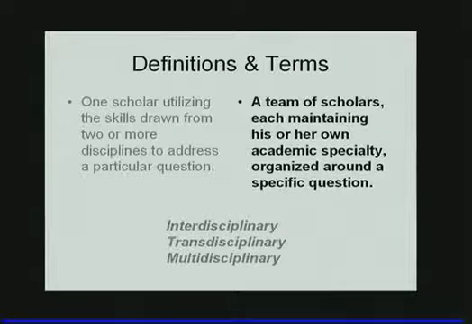So rather than get into too much of a debate over which term is appropriate, do you agree that for most research, the team approach is the better method rather than the individual scholar trying to master more than one discipline?